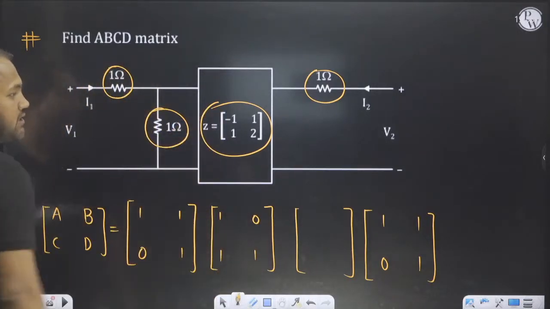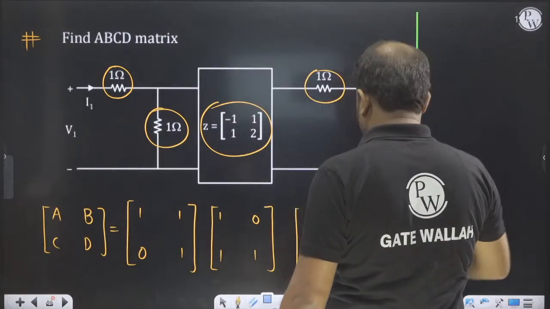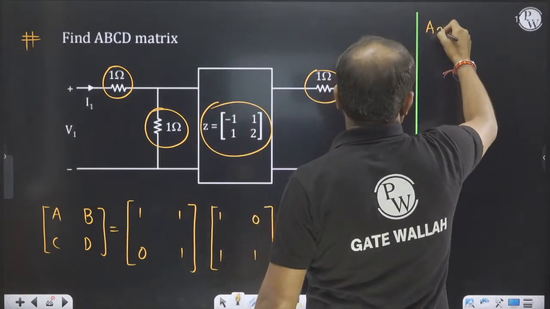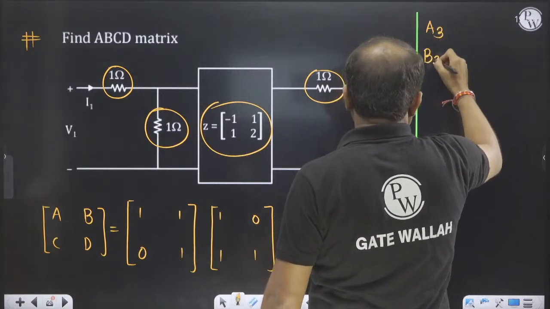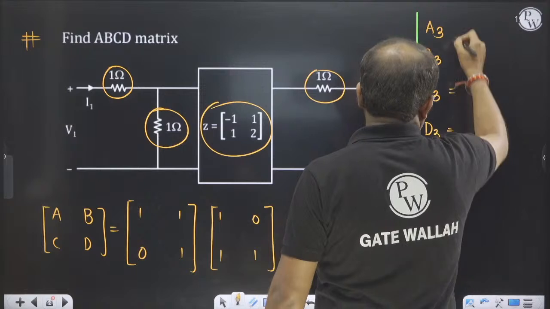And for this one the ABCD matrix will be A3, B3, C3 and D3.